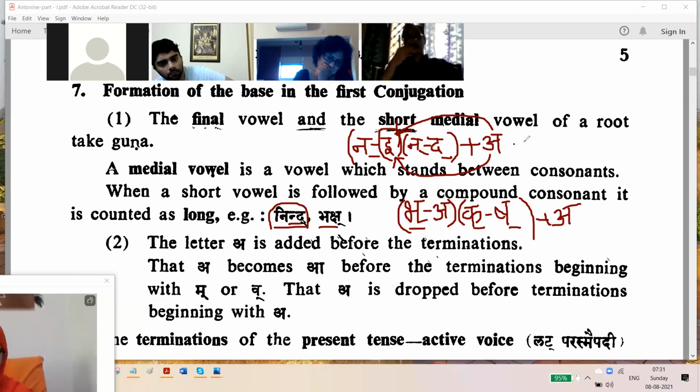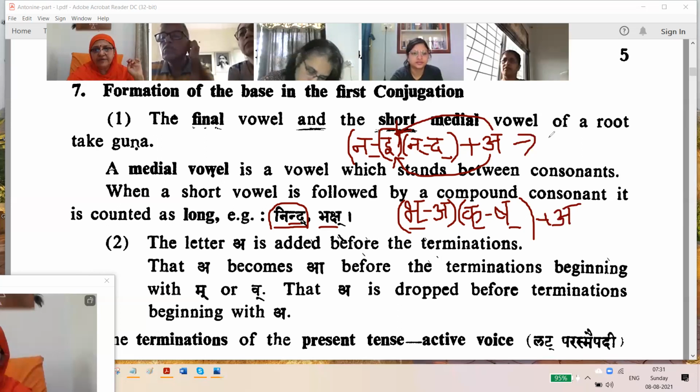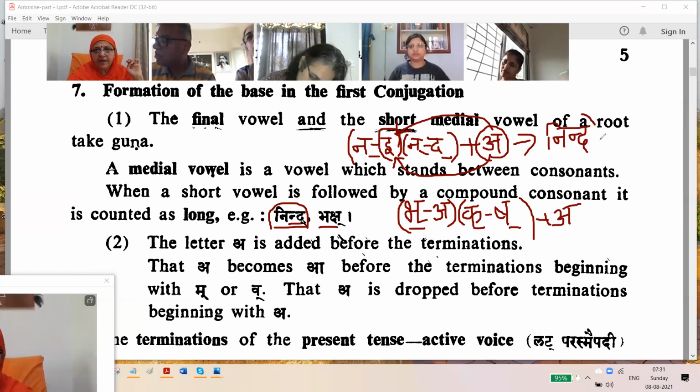So they're simply saying that it cannot take guna if it is behind a conjunct consonant. That's all. In spite of akara, it remains ninda. Then nindami, nindavaha, nindamaha. Like this ninda becomes a verbal anga.